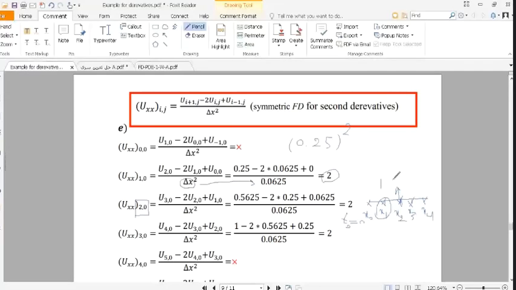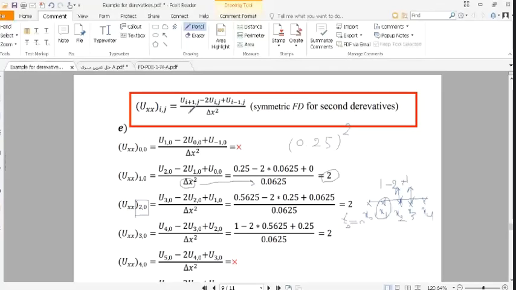You can see these details in this line: u3,0 minus 2 u2,0 plus u1,0 over delta x2.